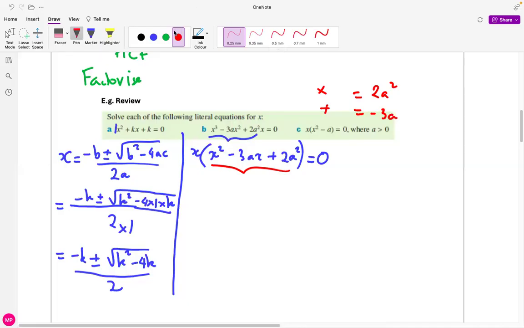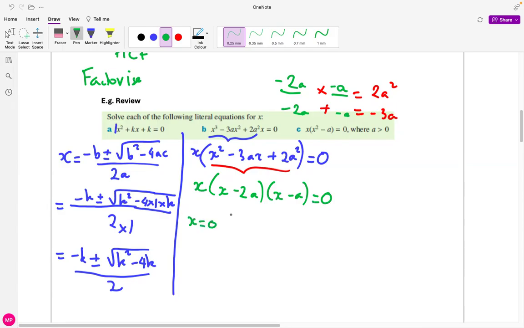I could have 2a and 1a, and to add to negative 3a, I could have both negative: negative 2a and negative 1a. So I can write that as x times (x minus 2a) times (x minus a) equals 0. Then I apply the null factor law: x equals 0, x equals 2a, or x equals a.